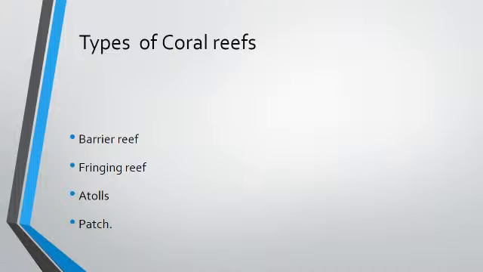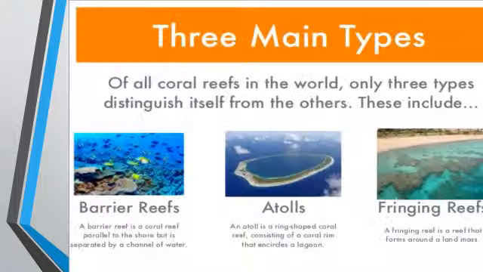So once you remember the front of your textbook and you remember the shape of that one, you will know exactly what an atoll looks like. It is very pretty. So that would have been the circular one, but we're going to get through each of them. All right. So 3 main types.